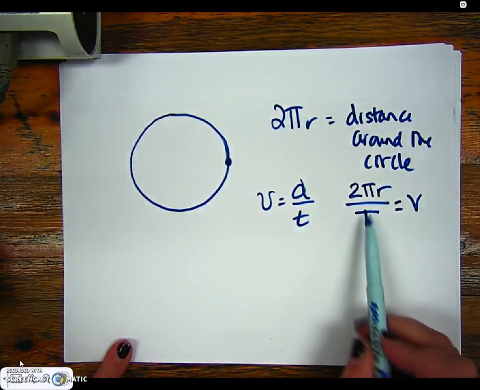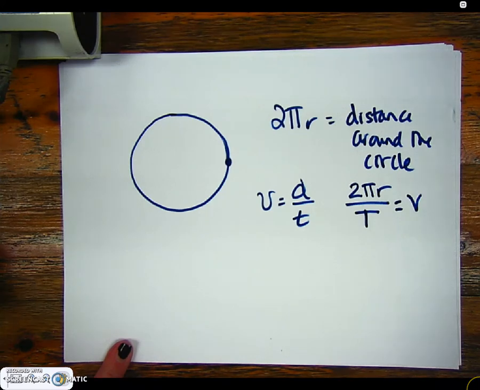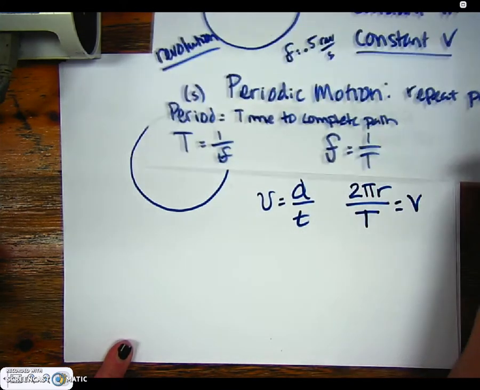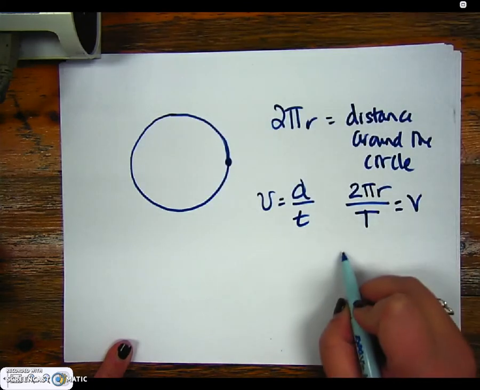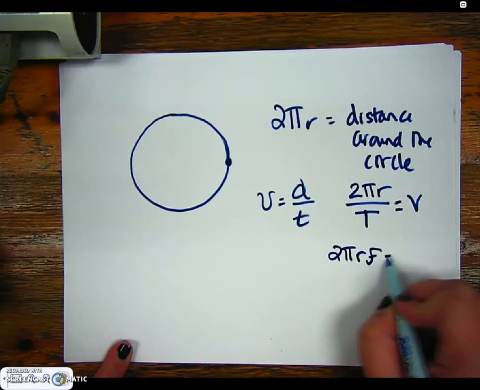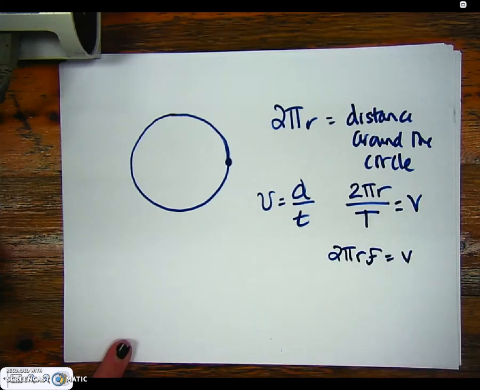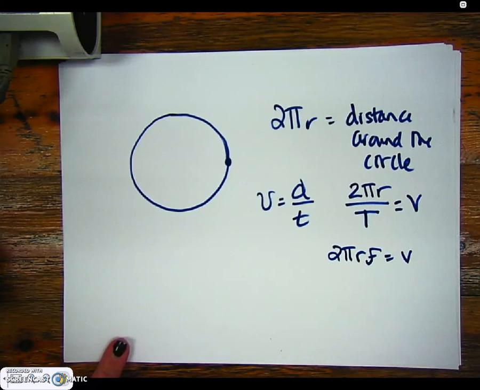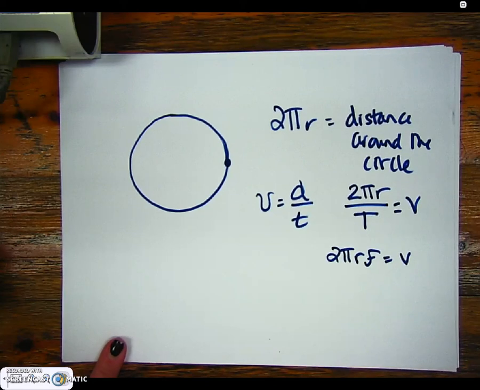Now, if we look back, frequency is actually 1 over T. So we could solve this in terms of frequency too, and say 2 pi r times frequency is equal to the velocity. Either one of these will help us to solve for velocity, which we can use later in the context of our angular acceleration and our forces, which we're going to talk about in the next video.